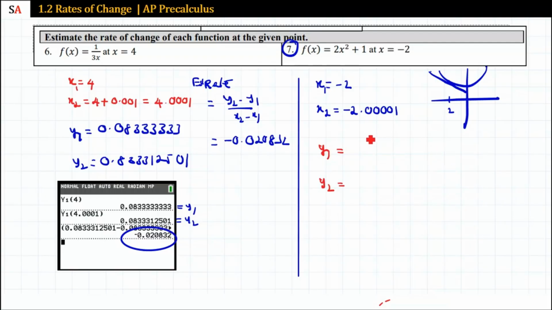So y1 is 2 times negative 2 whole square plus 1, which is 2 times 4 plus 1, which is 9, and y2 is 2 times negative 2.0001 whole square plus 1.